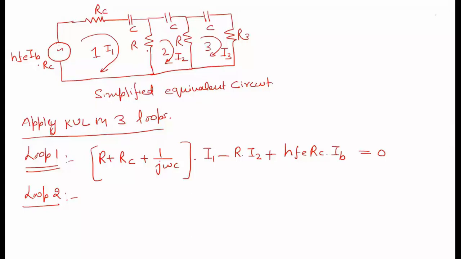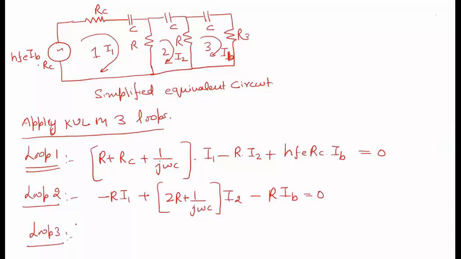The direction of current I1 is opposite to the current I2, so we can write minus R I1 plus, here we have two resistances, this R plus this R. So we have 2R plus 1 upon j omega C into I2 minus this current I3, and this current is the base current IB, so R IB equal to 0.